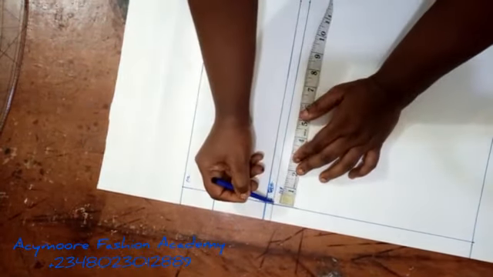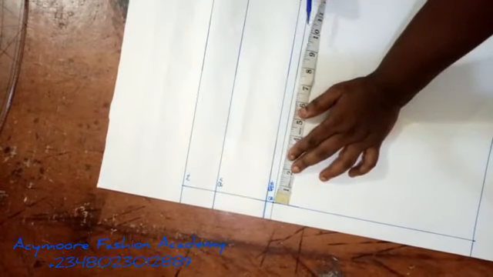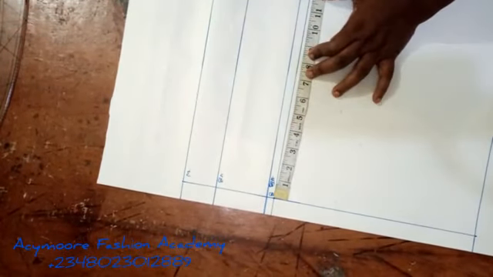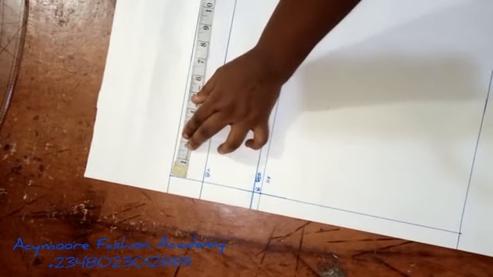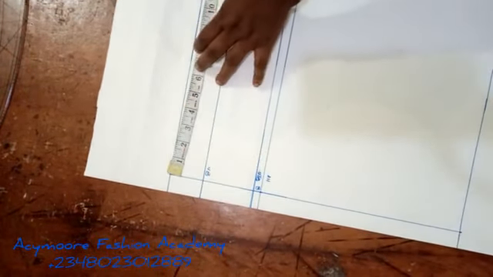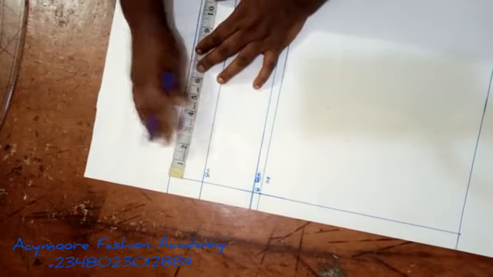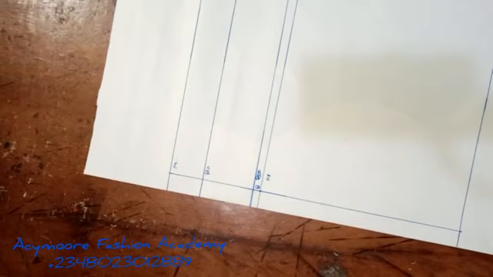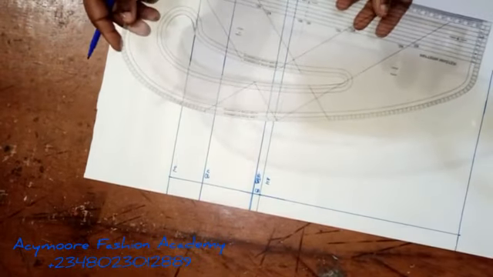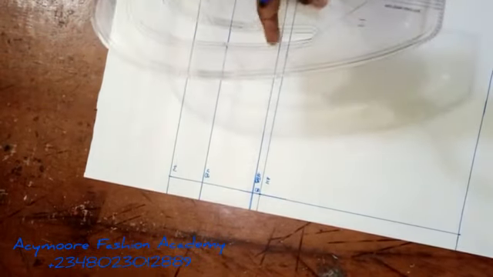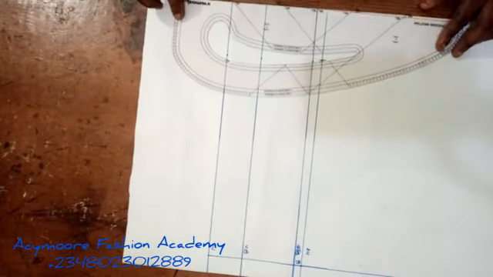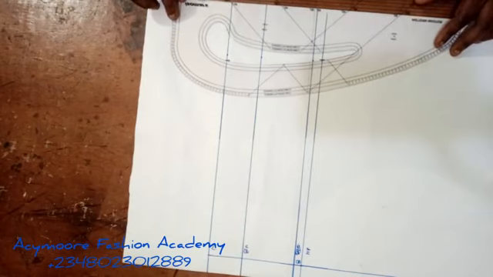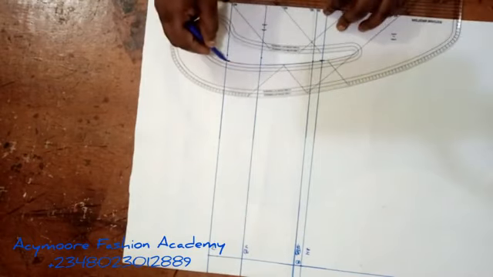So I'm going to put my measurement on the armhole, remember? We used 12, so we're going to put 12. On the waist, we used 11 and a half. I'm sure we remember. And then I said we'll flip this upside down, and then we're using this piece to join the lines, like so.